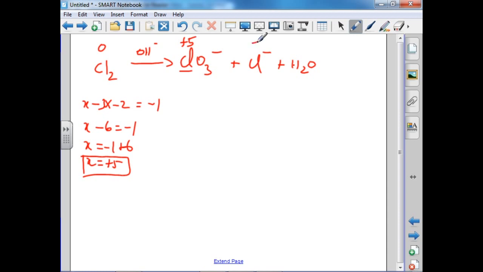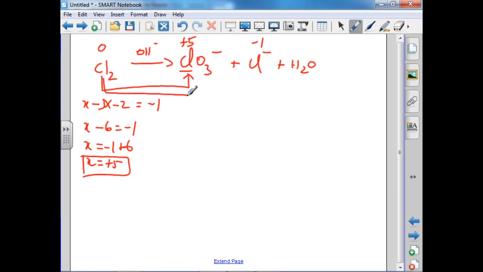This is the minus 1. So what is a disproportionation reaction? The same compound can undergo both oxidation and reduction. In such a reaction, the oxidation state of one and the same element both increases and decreases. Actually 0 to plus 5.